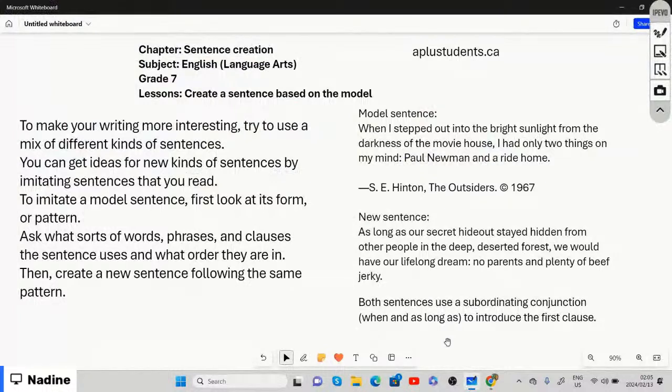The lesson that we're going to be focusing on under the chapter of sentence creation is to create a sentence based on a model.